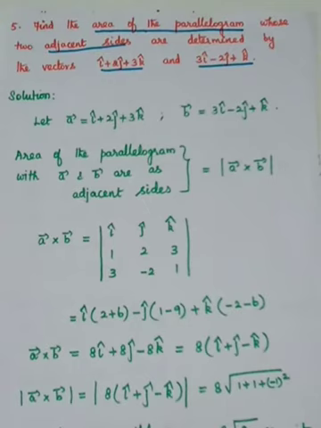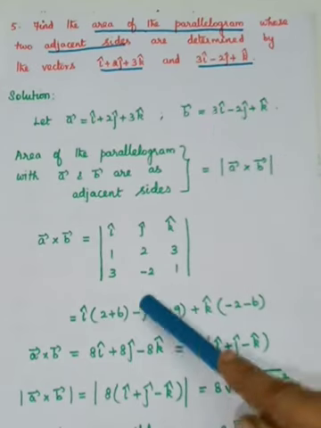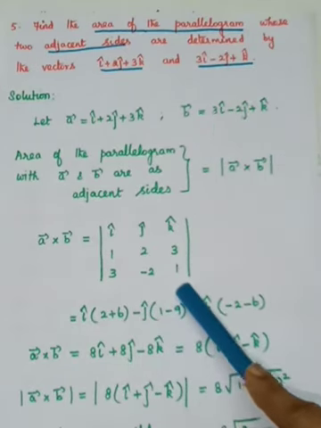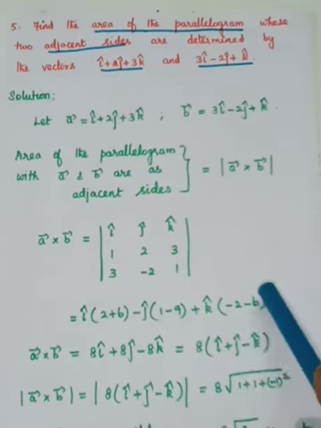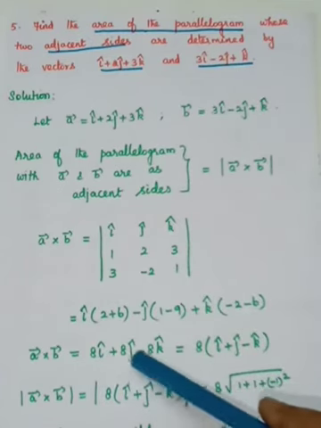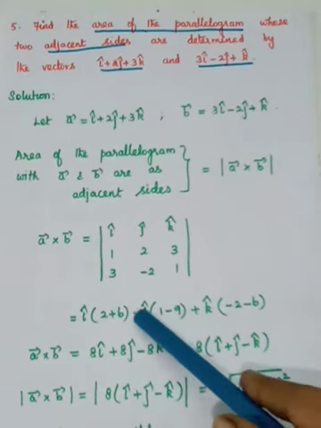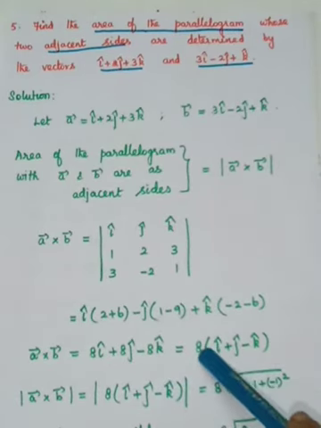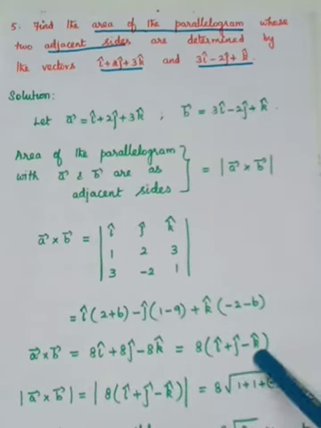It is i cap plus 2 j cap plus 3 k cap. What are the coefficients? 1, 2, 3. Here 3, minus 2, 1 are the coefficients of the second vector. So you have to evaluate. When you evaluate, you are getting 8 i cap plus 8 j cap minus 8 k cap. If 8 is common, if you take it out, it is i cap plus j cap minus k cap.